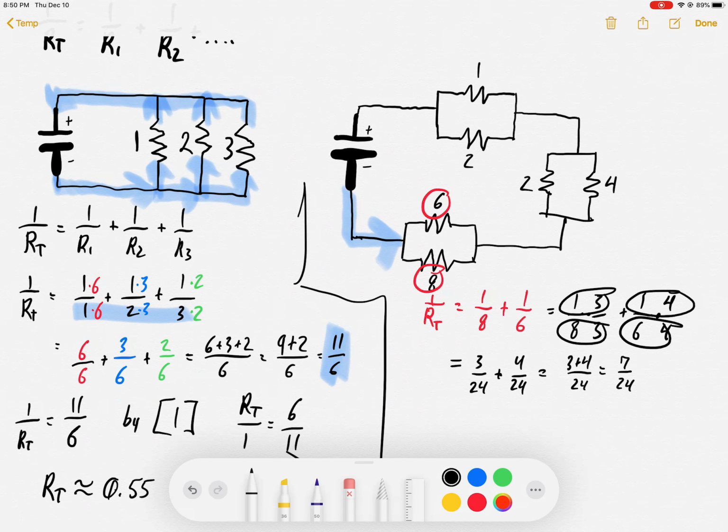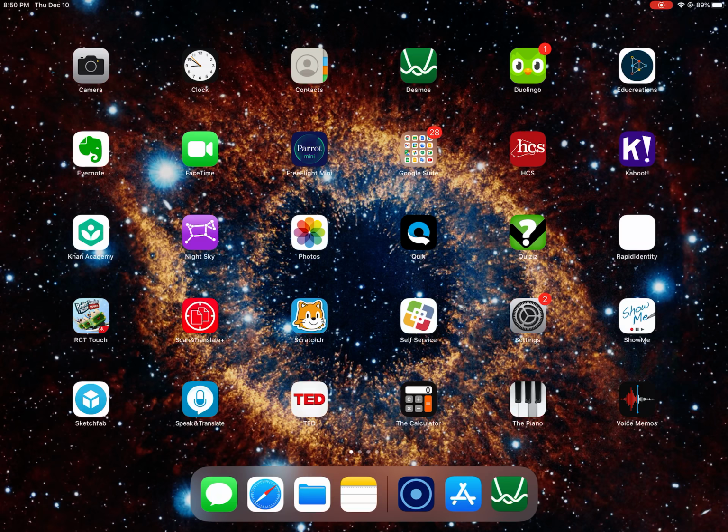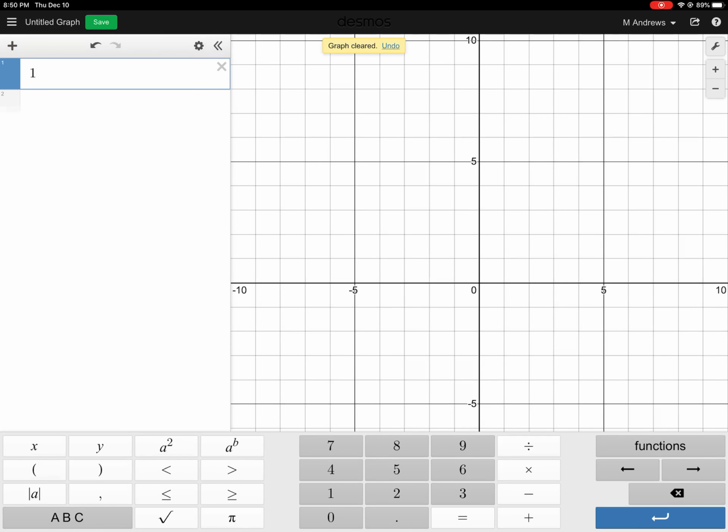And so now you have 1 over RT equals 7 over 24, which means that the total resistance of this smaller circuit is 24 over 7. And just to show you that these numbers are indeed accurate, it was 1 divided by 8 plus 1/6.